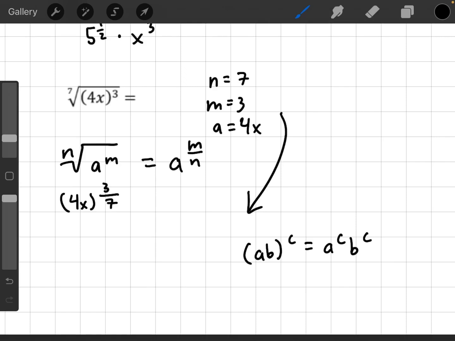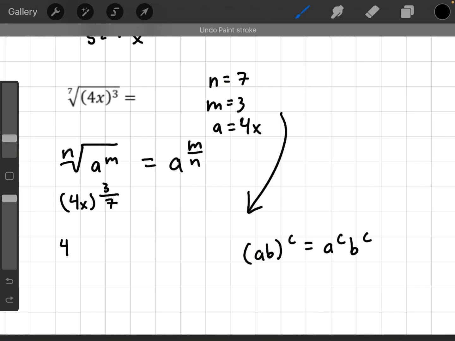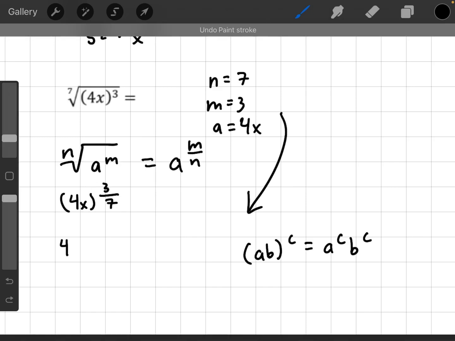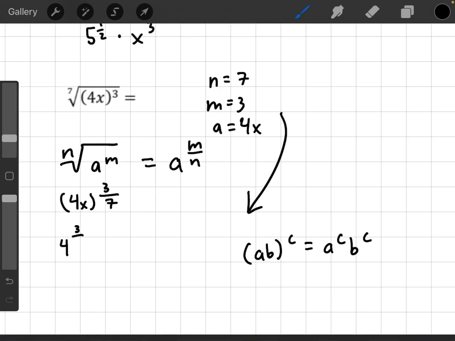So we're going to distribute the exponent between the 4 and the x. Then we can rewrite it as 4 to the power of 3 over 7 times x to the power of 3 over 7.